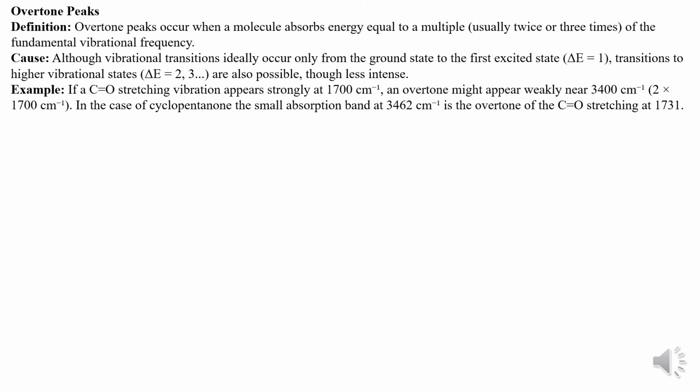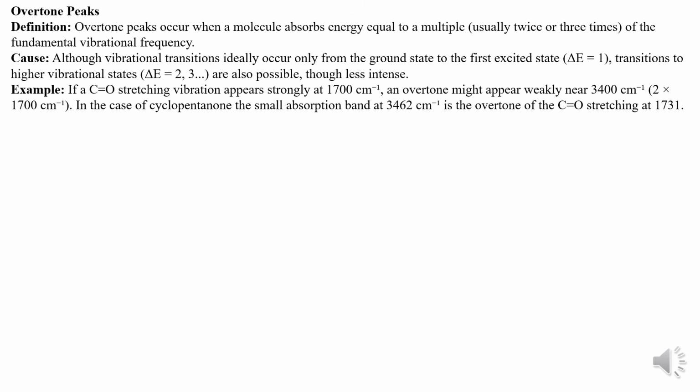Now what are overtones? The anharmonic oscillator allows overtones and combination bands. These overtone peaks occur when a molecule absorbs energy equal to a multiple of the fundamental vibration frequency.